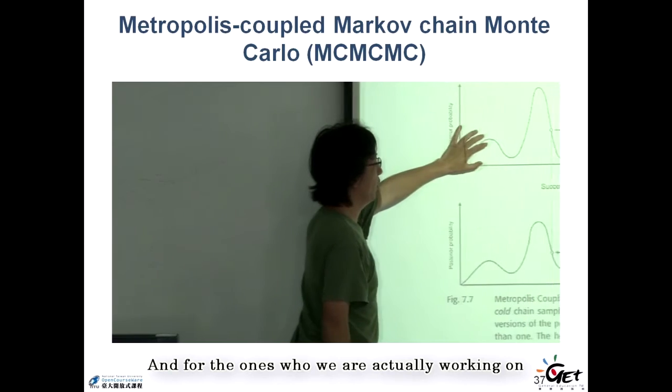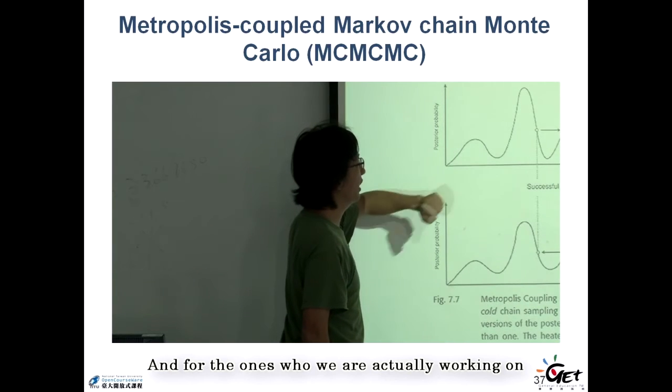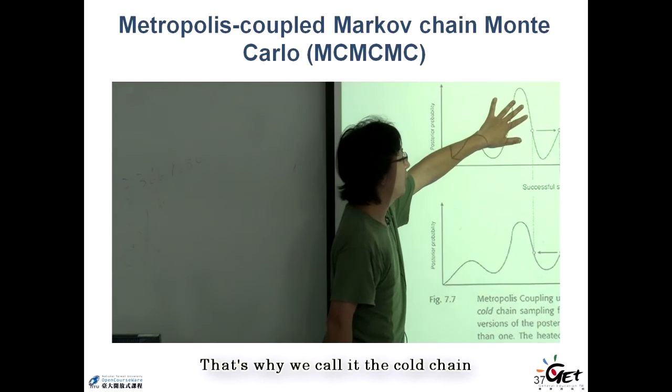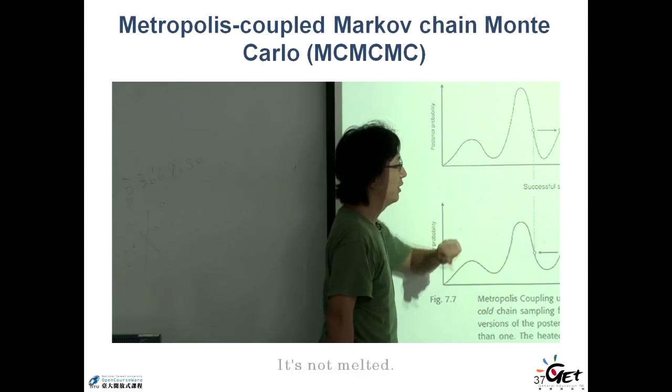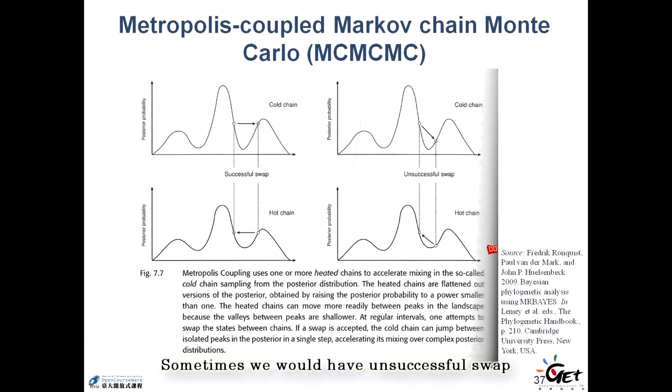And the one we are actually working on is the cold chain. That's why we call it the cold chain, because it's compared to the hot chain. It's not melted. So sometimes we will have unsuccessful swaps between the cold chain and the hot chains. The best way is to have such swaps with parallel chains going on all together.